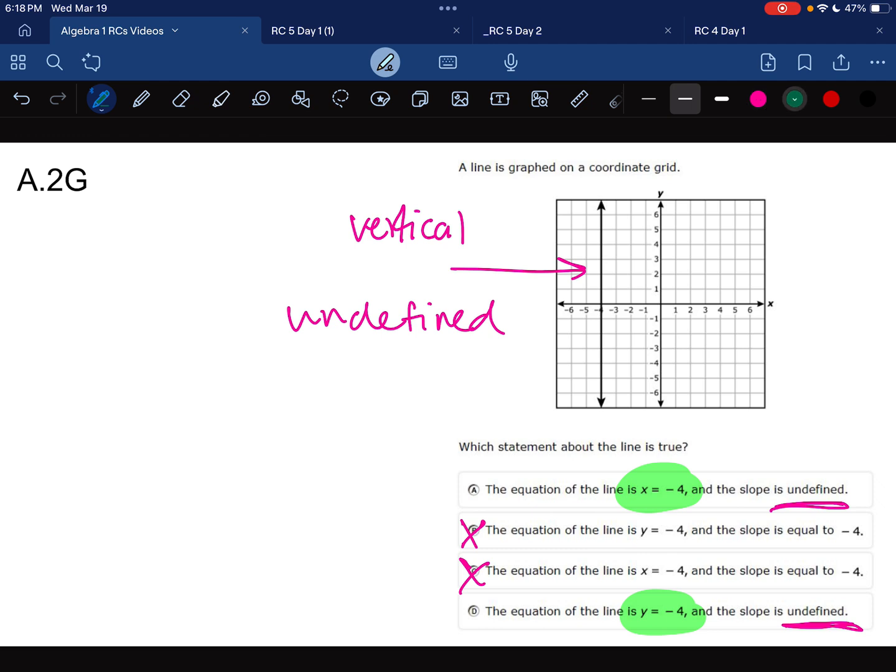It crosses through the x-axis. So because it crosses through the x-axis, I know that it will be x equals a number, wherever that number is. So now let's look at our answer choices to see which one will be our answer. Correct. The correct answer is A. All right. Go ahead and make sure you have copied all the notes.